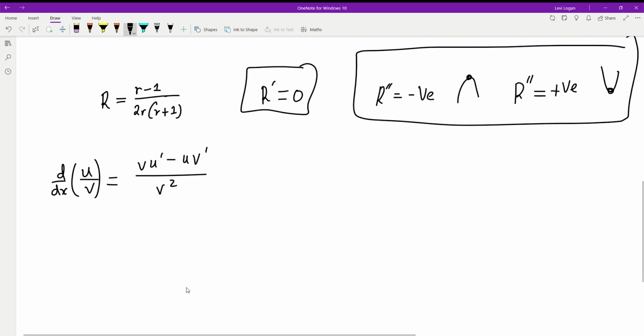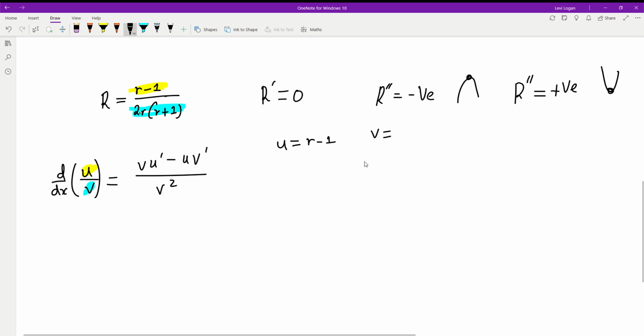Okay, so in this situation here, u is this guy here and v is this guy here. So in other words, we'll just label those. U is r minus 1 and v is, now I'm going to distribute these guys so I don't do a product rule again, so it will be 2r squared plus 2r. So if you don't know what I just did there, I just distributed the 2r to each of those components.